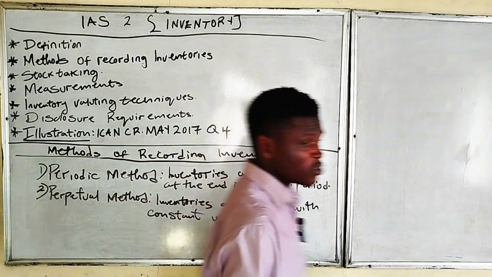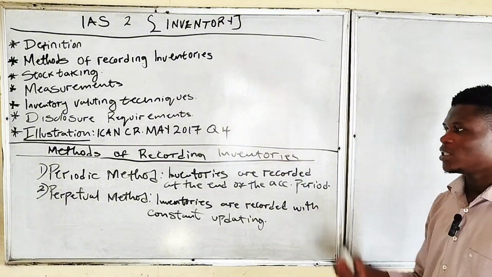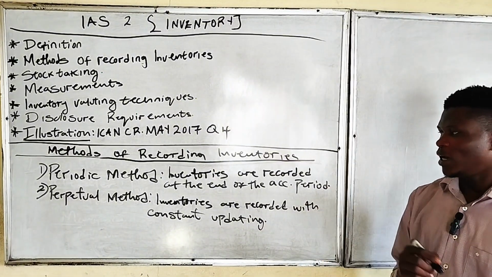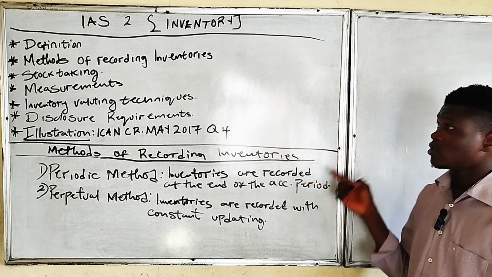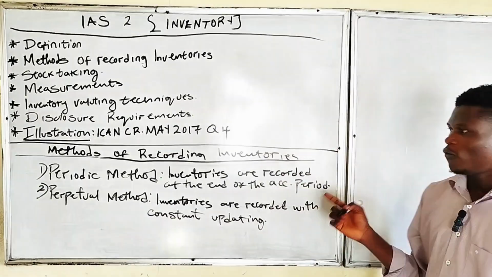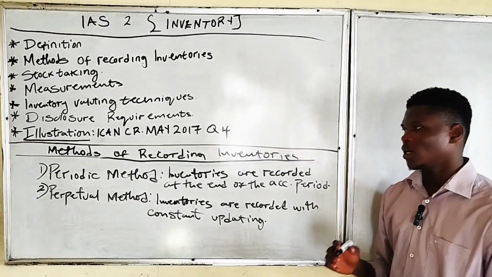Meaning that inventories are recorded at every point in time, every single moment. Just like we've defined inventory, every time we have an item that belongs to be categorized as an inventory, we record it as an inventory under the perpetual method. For the periodic method, it is only recognized at the end of the accounting period.